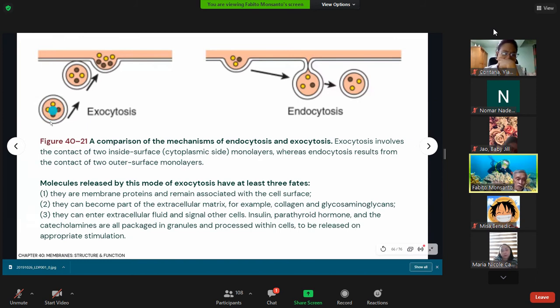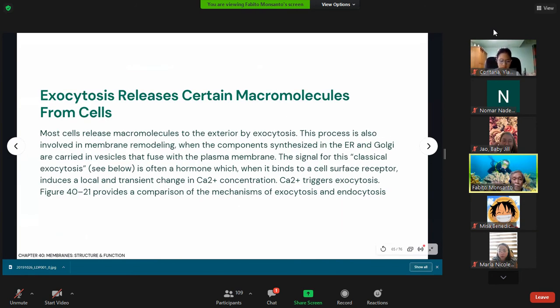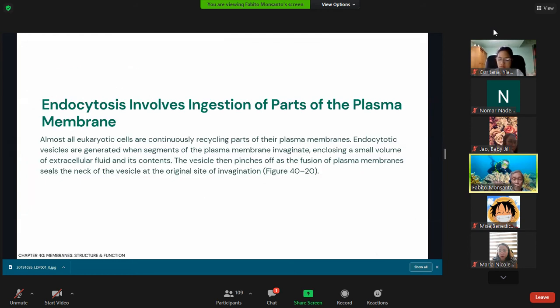So these are the molecules that have to be extruded out of the cell, and then it has a membrane, very similar to that, so that it will join the membrane, and then extrude out what it contains. So that is the opposite of... where is that?